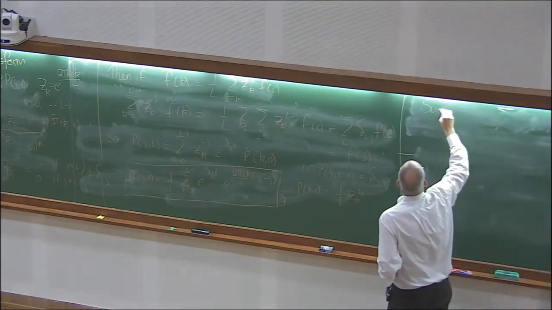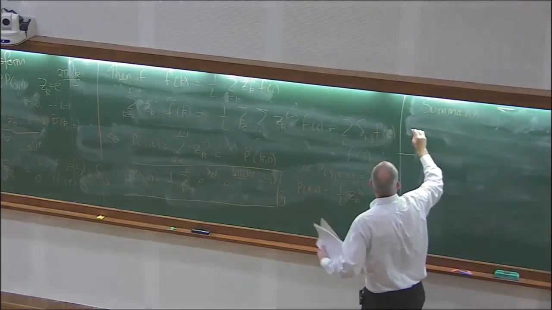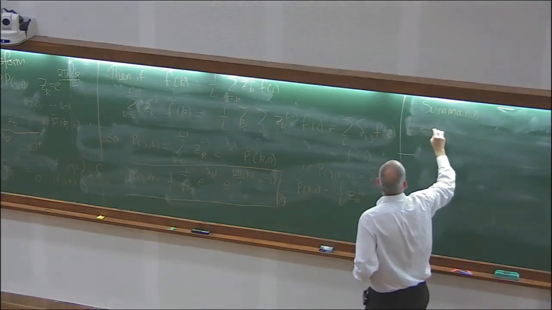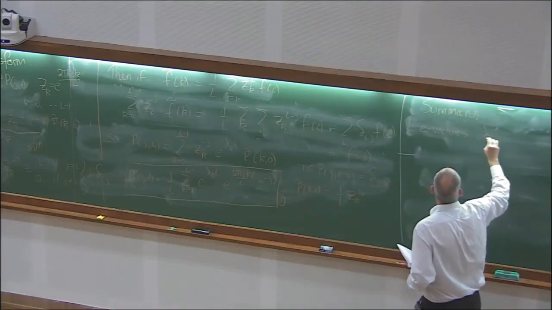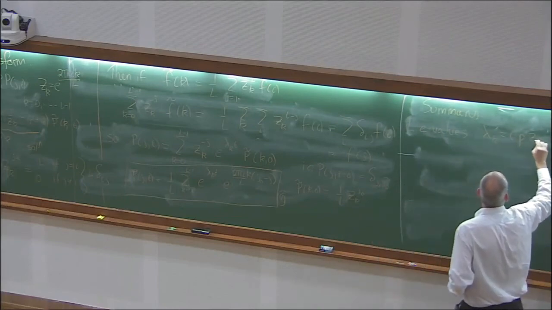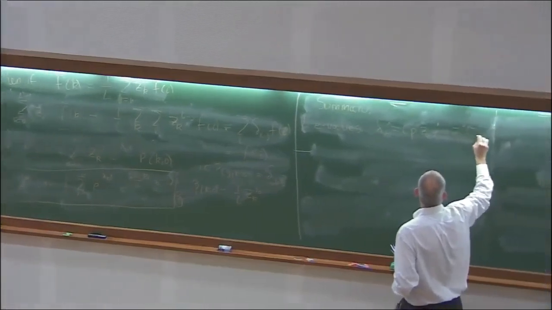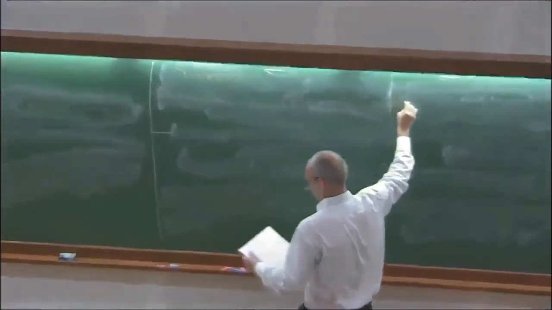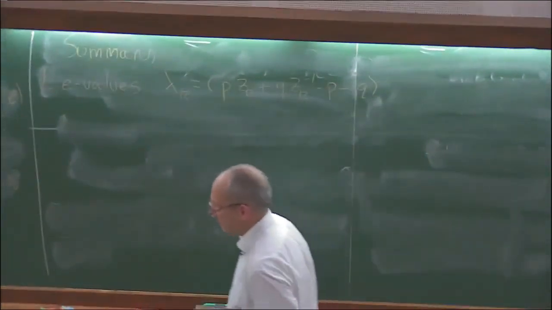So what we've done is that we have L eigenvalues, lambda_k, which is P z_k plus Q z_k to the minus 1 minus P minus Q. And they come in front of each mode.